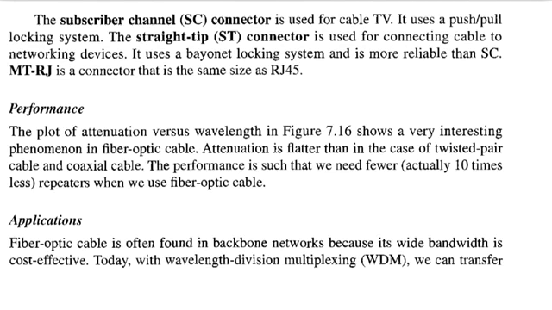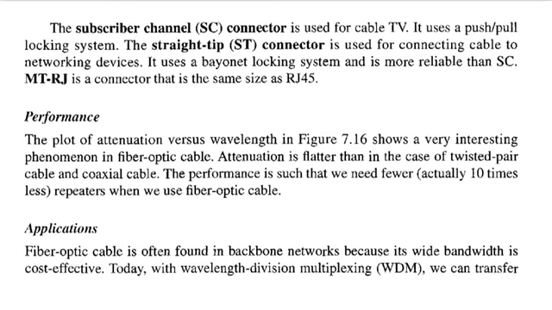Performance. The plot of attenuation versus wavelength in figure 7.16 shows a very interesting phenomenon in fiber optic cable. Attenuation is flatter than in the case of twisted pair cable and coaxial cable. The performance is such that we need fewer, actually 10 times fewer repeaters when we use fiber optic cable.